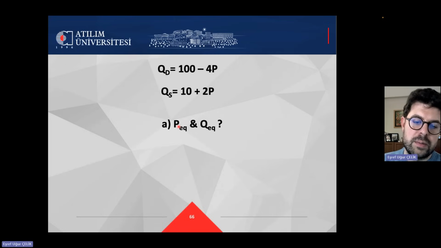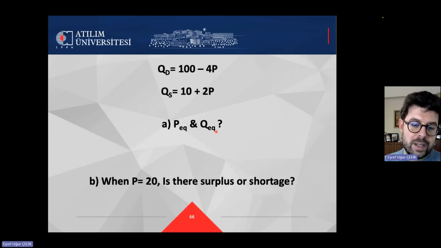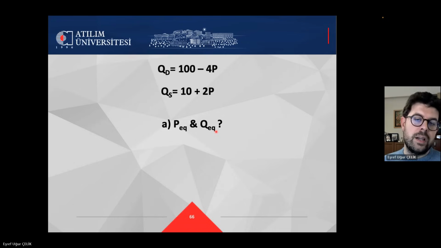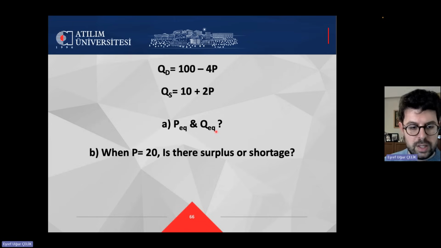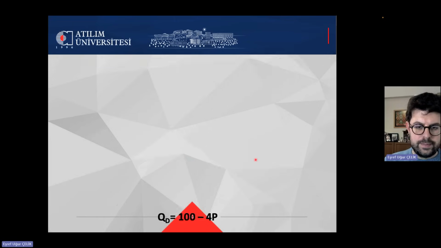The first question asks, what is the equilibrium price and equilibrium quantity? When we talk about equilibrium, you remember the equilibrium condition. And the second question is, when the price is equal to 20, is there any surplus or shortage?